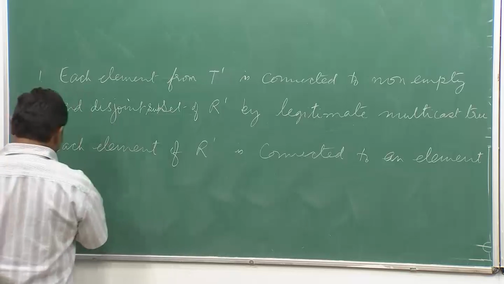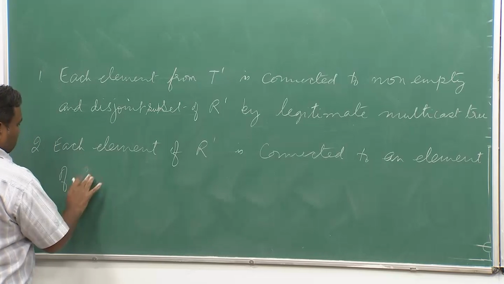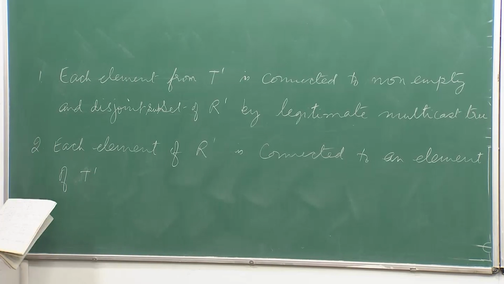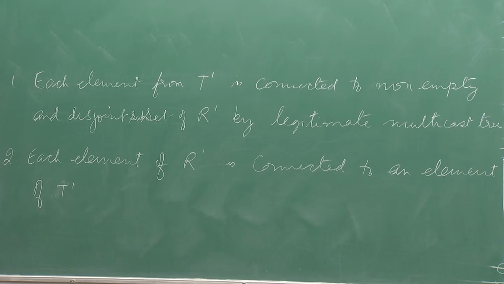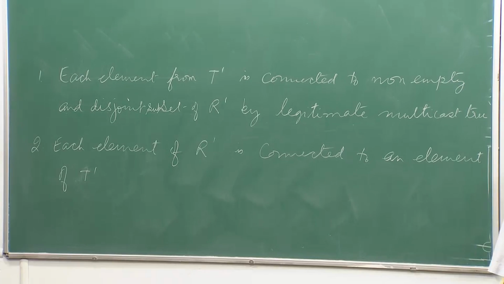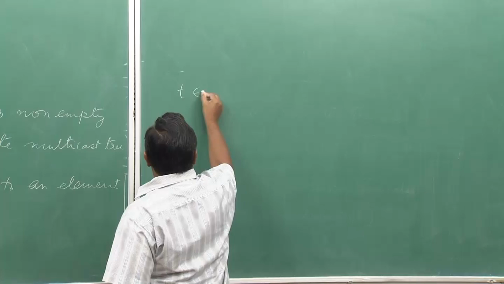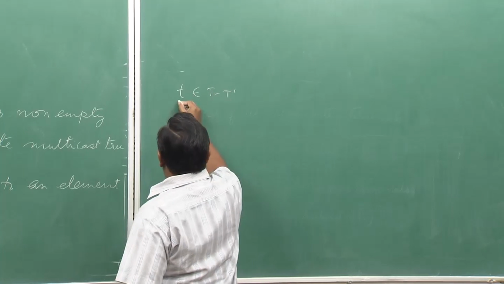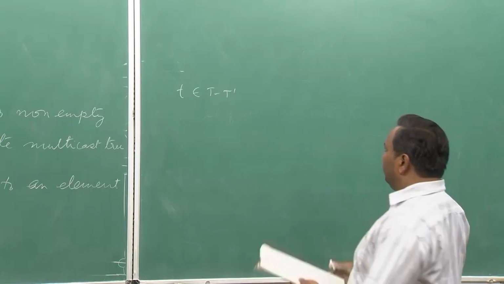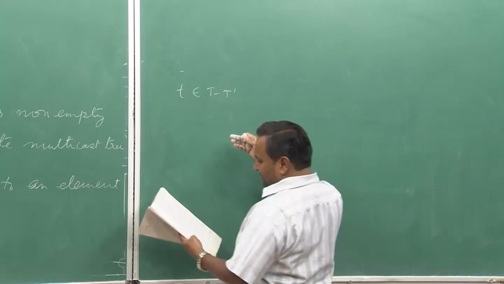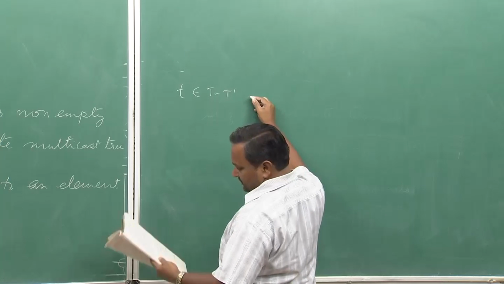So, basically T prime is the set of all input ports which are already connected. R prime is the set of all output ports which are already connected. Now, T which belongs to T minus T prime, this is a free port, one free port which I identify as T. T belongs to T minus T prime, the subset of free ports.